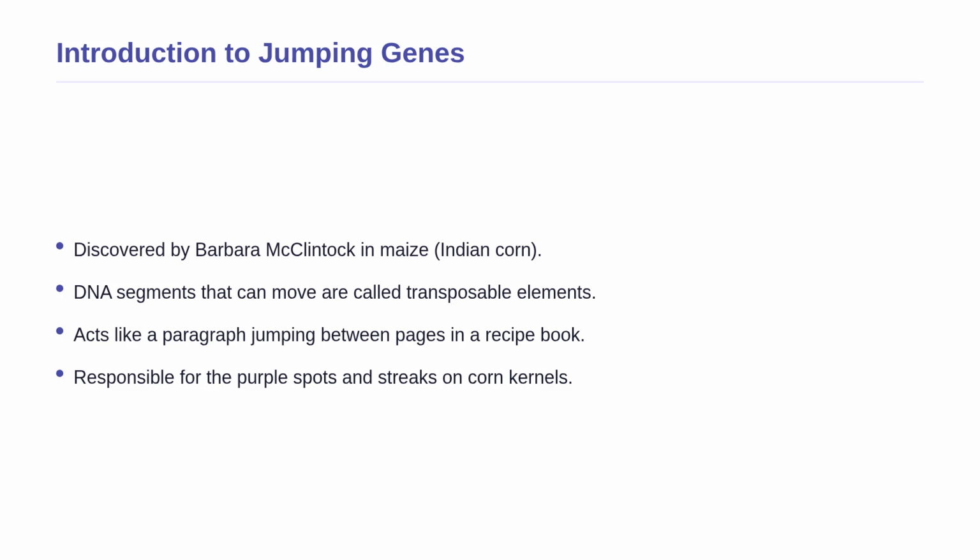We call these jumping paragraphs transposable elements, or jumping genes. The most famous example was discovered in colorful Indian corn, or maize, by the brilliant scientist Barbara McClintock. Those beautiful purple spots you see on decorative corn are the direct result of these genes moving around during the kernel's growth.